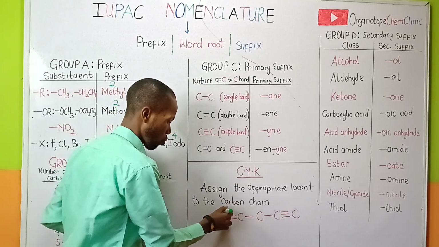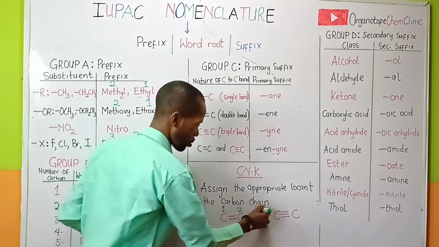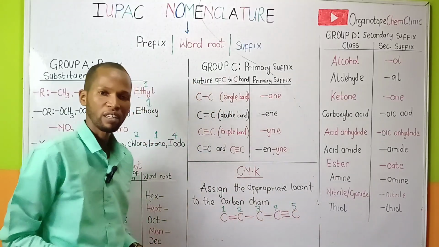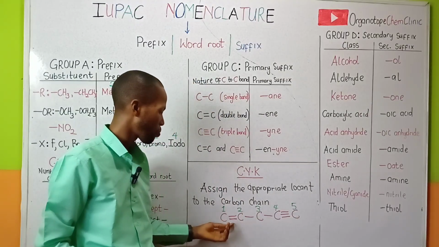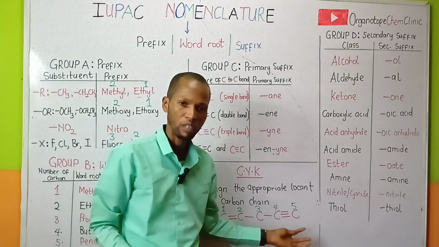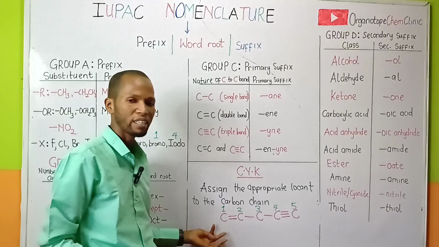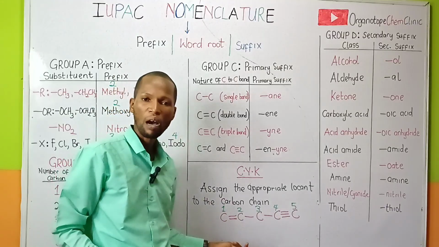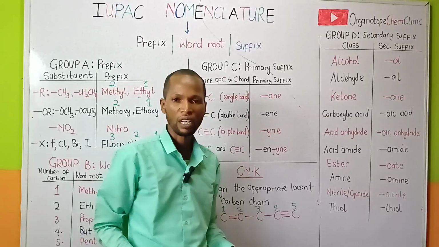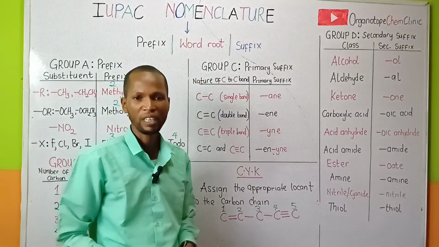Therefore, we have 1, 2, 3, 4, and 5. We've been able to assign the least number to this carbon and the highest number to this carbon. This is because this side is closer to the carbon-to-carbon double bond and otherwise for the carbon-to-carbon triple bond. Make sense?